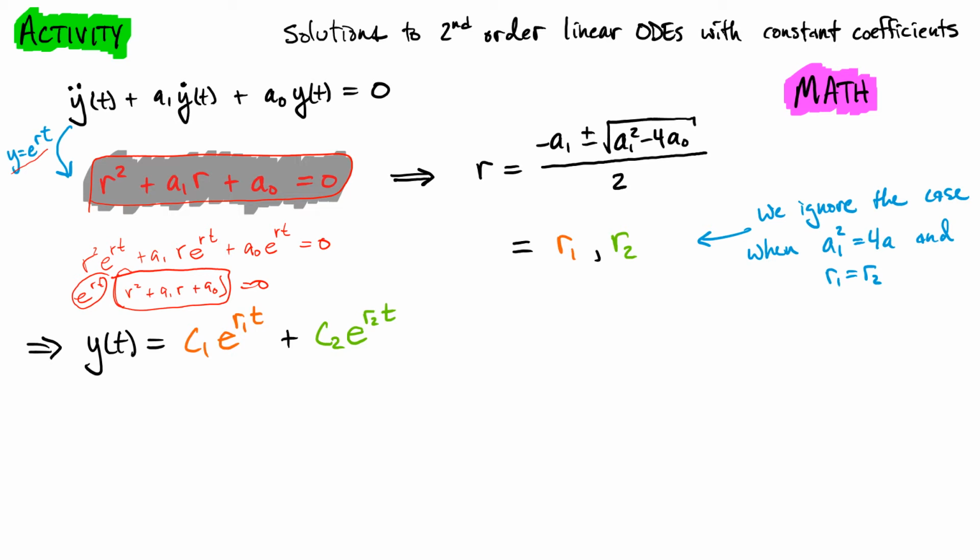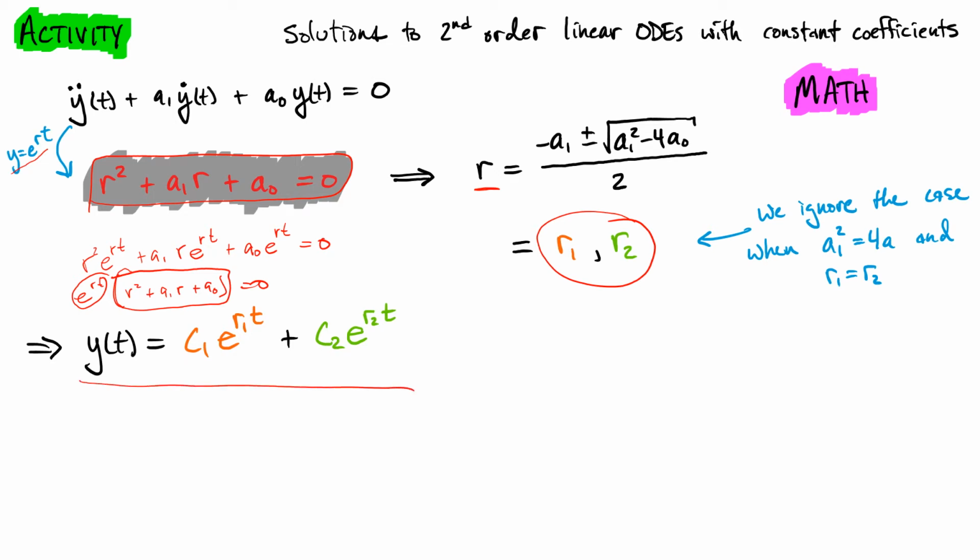So if r is this unknown, then we think about that as a quadratic, and we solve that with the quadratic formula. The values of r that solve this, the roots of this polynomial, are minus a1 plus or minus the square root of a1 squared minus 4a0, all over 2. So you would plug in whatever a1 and a0 would be in your particular case, and that gives you the solutions r1 and r2 that form the overall solution.